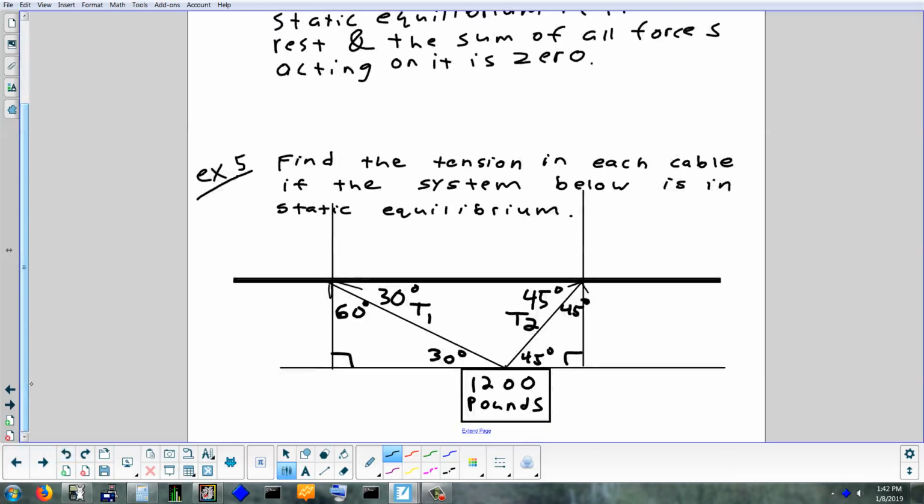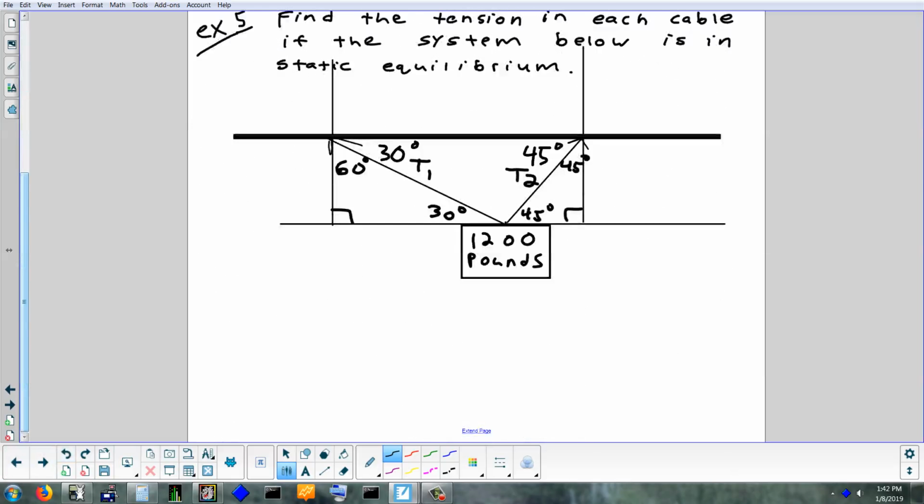Let's make the green arrows the horizontals. That visually represents cable 1 pulling left. This is cable 2 pulling right. And what I do in red, that's going to represent up. This represents cable 1 pulling up, cable 2 pulling up.